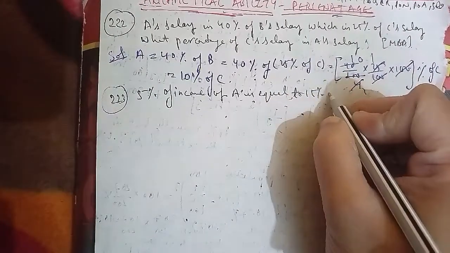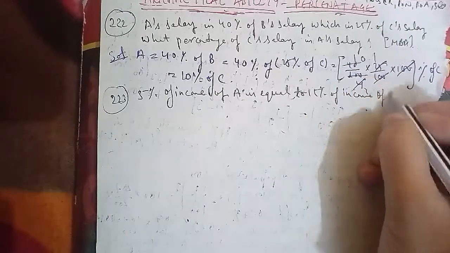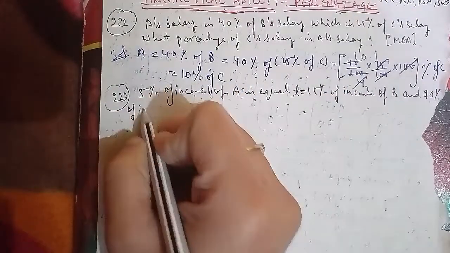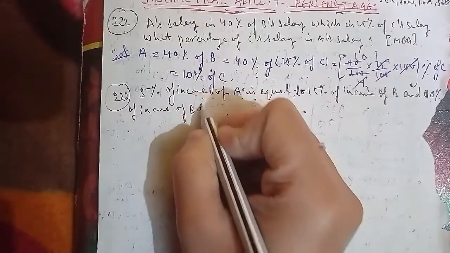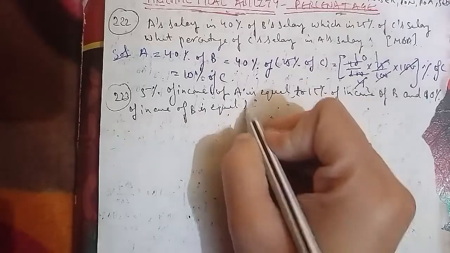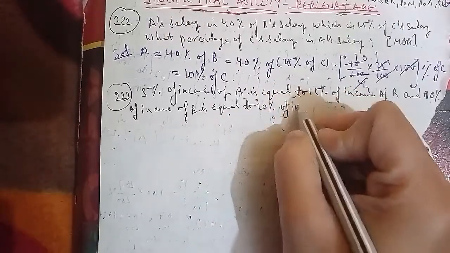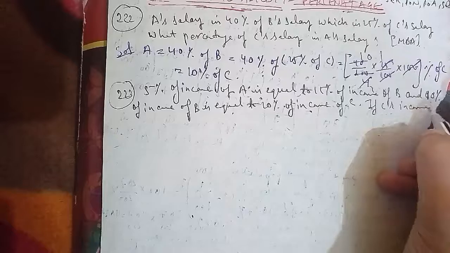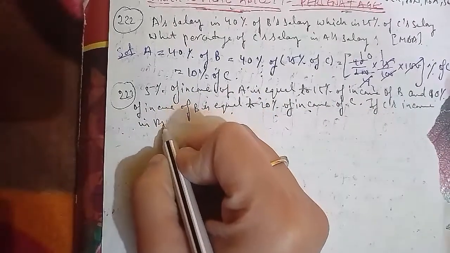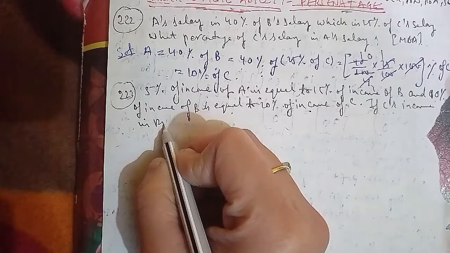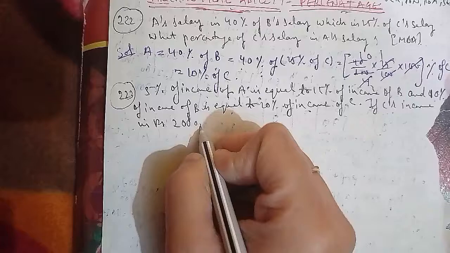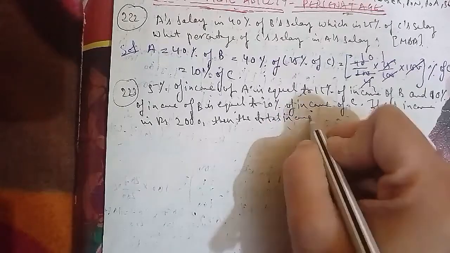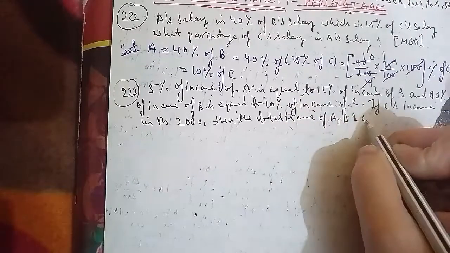5% of income of A equals 15% of income of B, and 10% of income of B equals 20% of income of C. If C's income is rupees 2000, then the total income of A, B and C is?